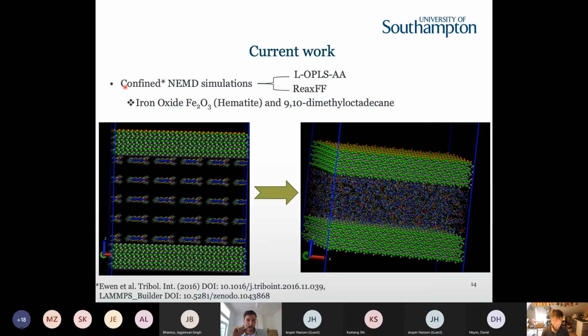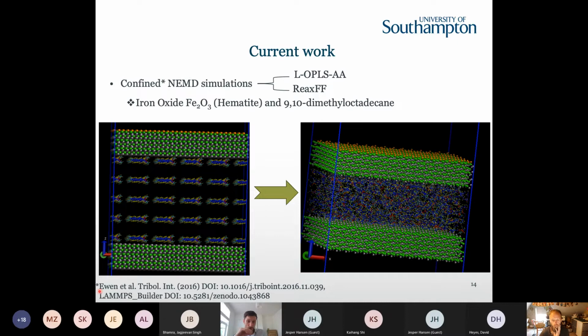Currently, we are performing confined NEMD simulation, examining again the LOPLS force field and the REACT-FF force field, which was mentioned previously. We have a surface of iron oxide, and we include the same lubricant.